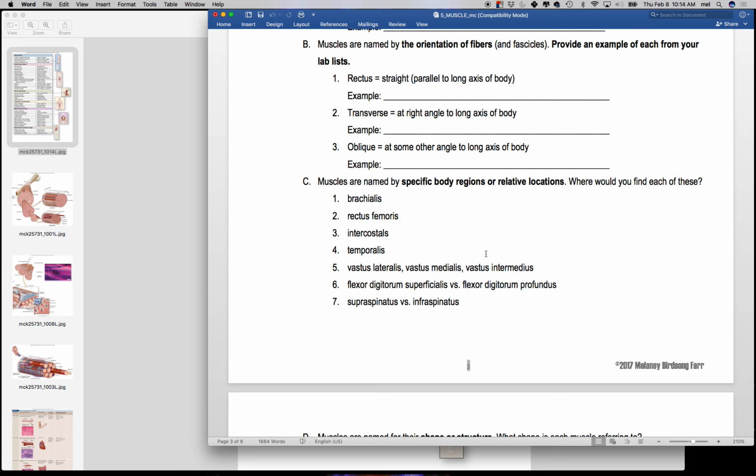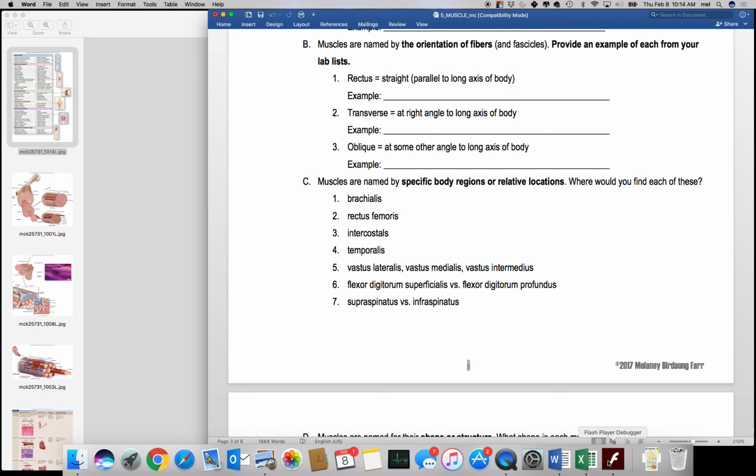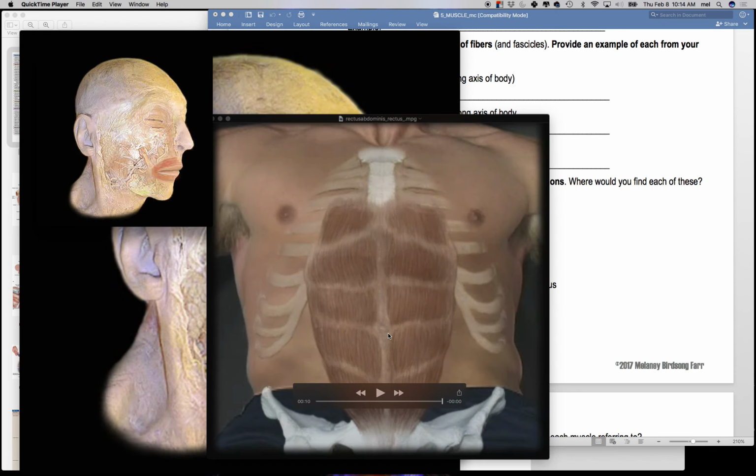So tell me 2 rectus muscles. The rectus abdominis, yeah, and the rectus femoris. So here's your rectus abdominis muscle, right? The direction of the fibers runs relatively parallel to the long axis of the body. Note to self, when you've got an "us is," it's usually "us" for the first word and "is" for the second.